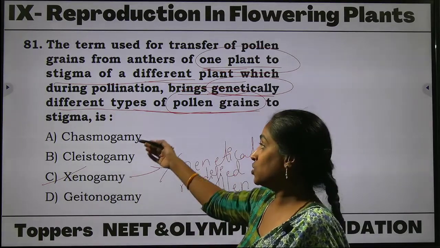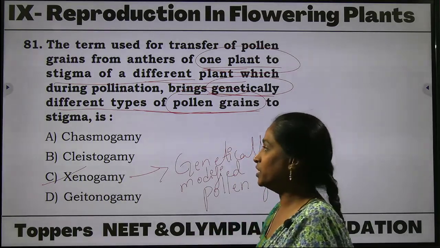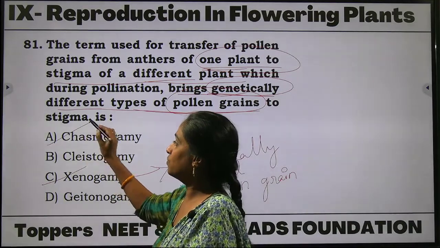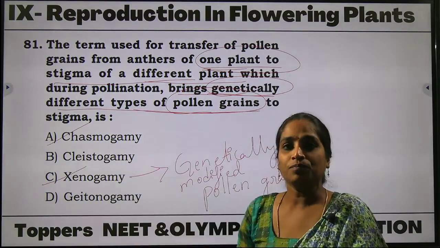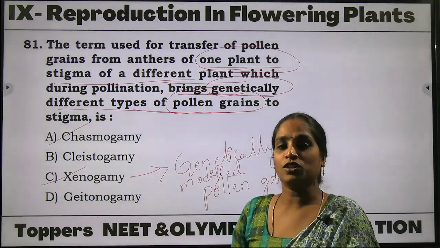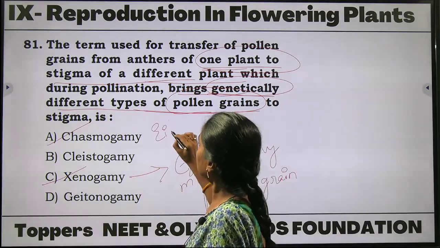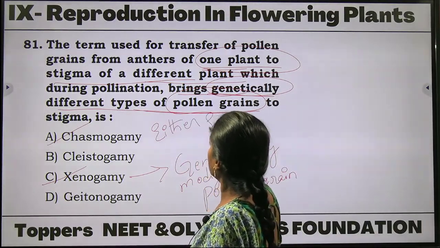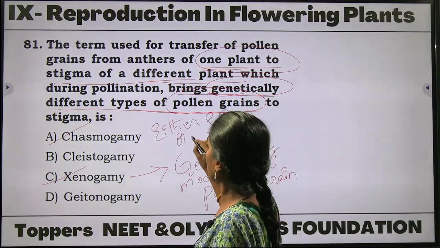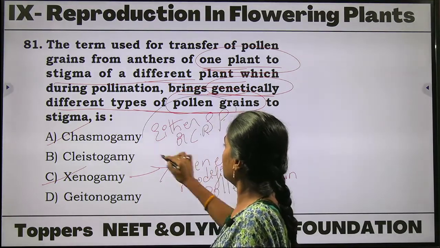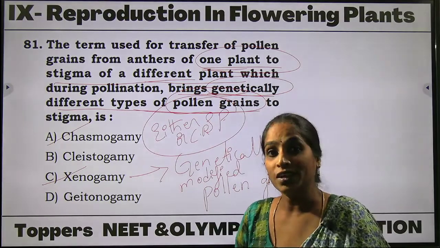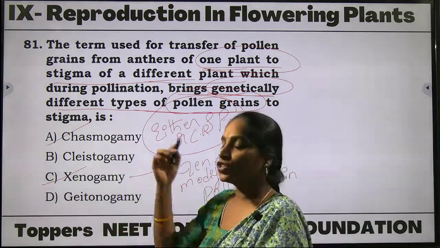And what is chasmogamy? Chasmogamy is where we can observe the exposure of the pollen grain towards the stigma. Here we can observe either self-pollination or cross-pollination. There might be chances of both self and cross-pollination in chasmogamy.